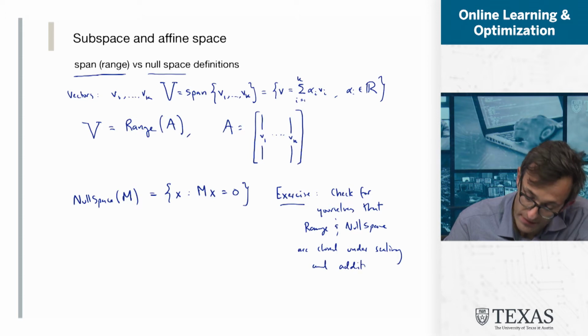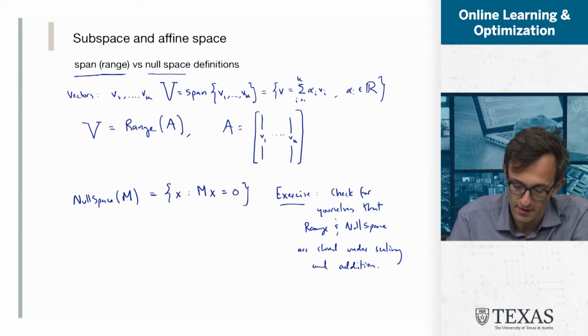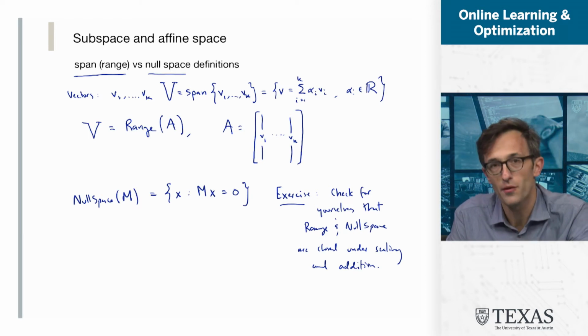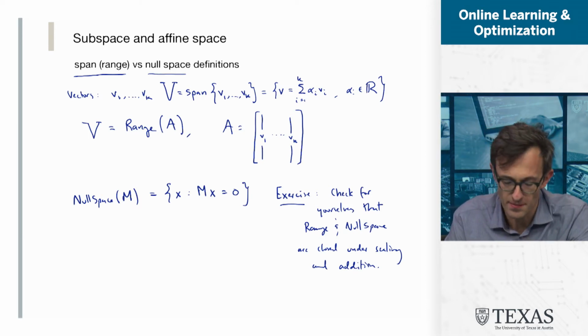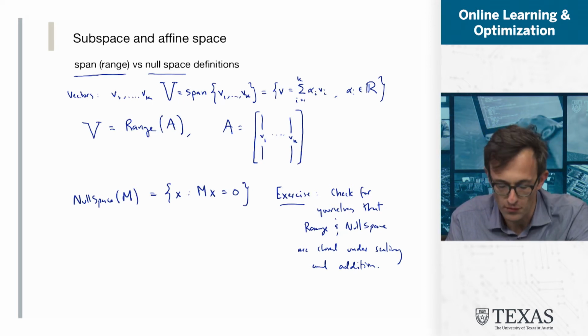In other words, check that these are indeed subspaces. So the null space is another very natural way for us to define a subspace. And why is this something that we've been used to thinking about for quite some time?